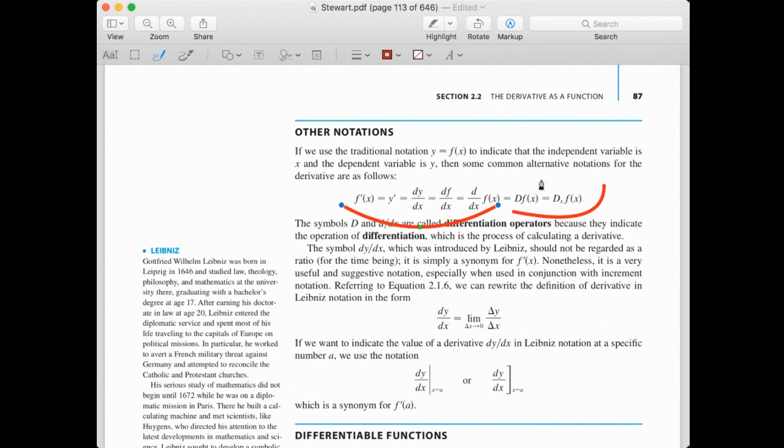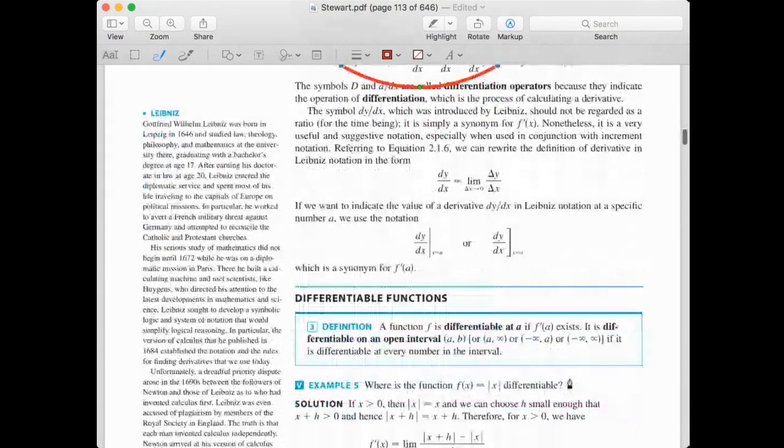We shouldn't put those two here. Those two have different meanings. But anyway, we are treating how many? 1, 2, 3, 4, 5. Those 5 different notations mean exactly the same thing. It's the instantaneous rate of change of f in terms of x. All right? All of them mean the same thing.